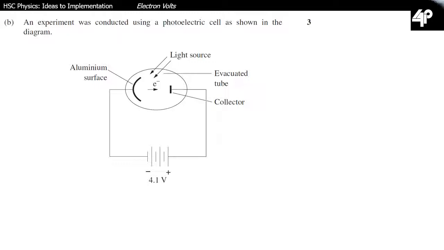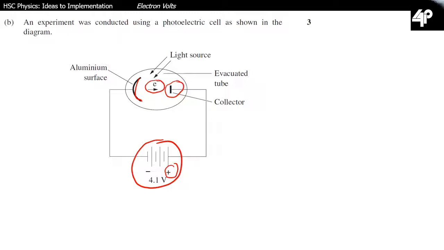There is a critical bit of information here where you've got a power source down the bottom supplying 4.1 volts. You'll see that the positive terminal here is connected to the collector, in other words, the anode of that photocell. So we have negatively charged electrons moving off the aluminium surface and heading towards that positive collector.